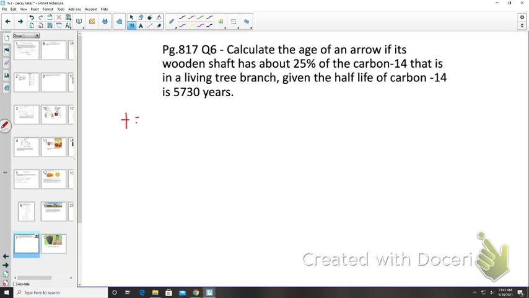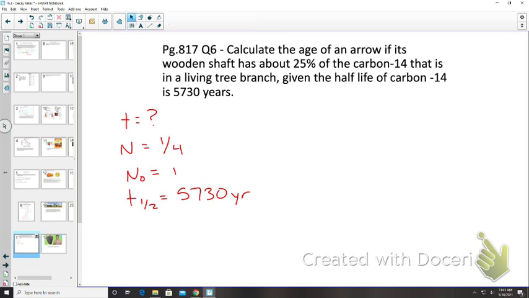T is what we're looking for. N is what we have now, so it's approximately 1/4. N naught is going to be 1. And our half-life is 5,730 years.